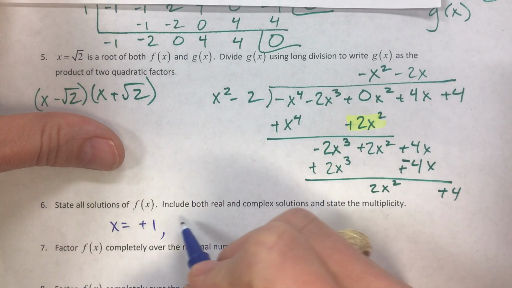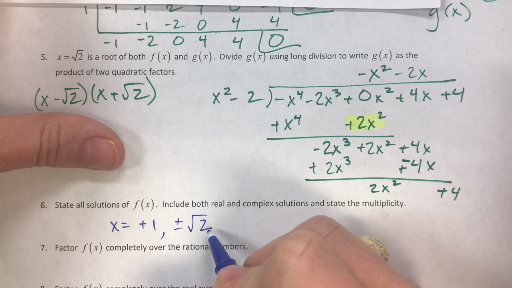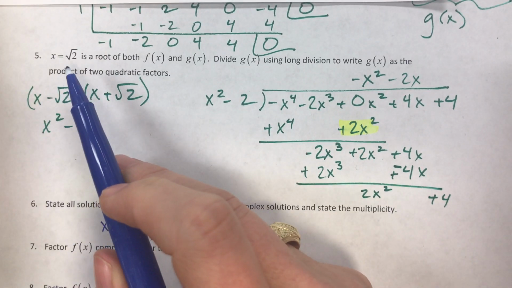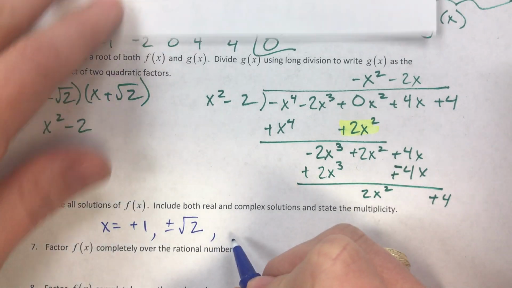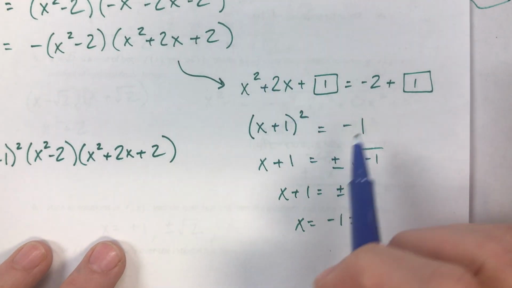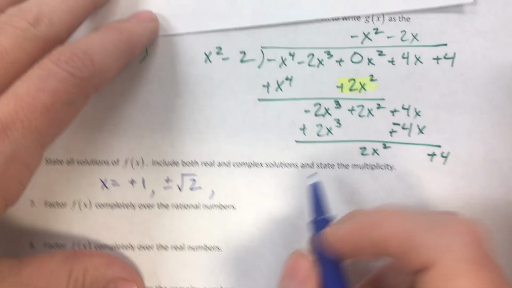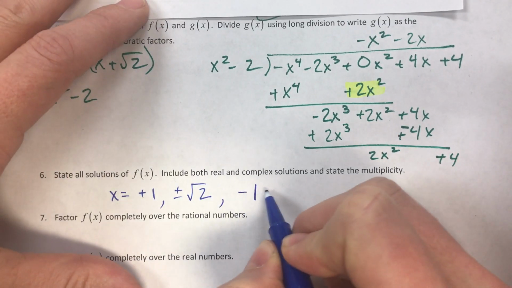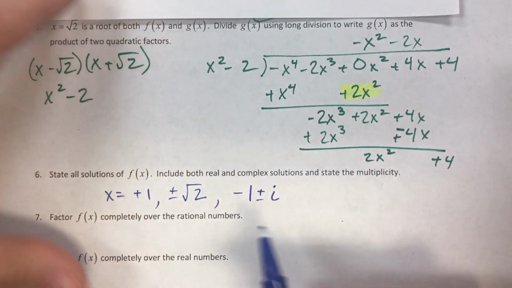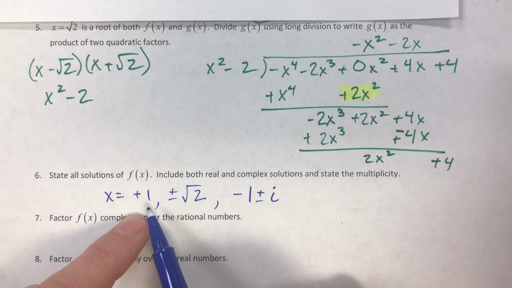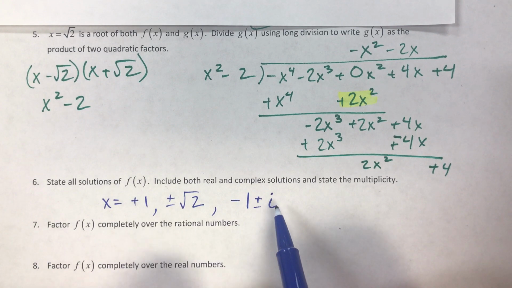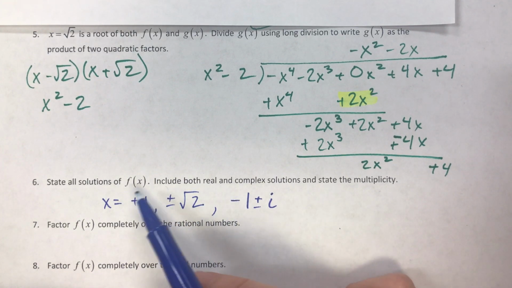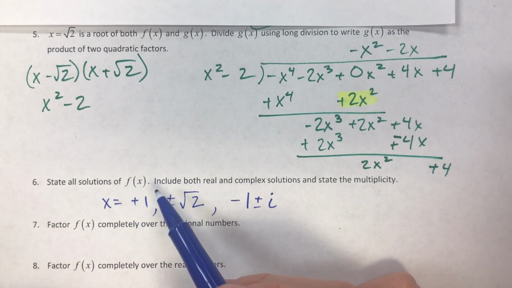And then it was plus or minus root 2, which we had gotten from here. It traveled with the buddy, that root 2. And then the other one we got from completing the square was negative 1 plus or minus i. So I have 1 root that shows up twice, and then 2 more here and 2 more here. So I have a total of 5 different roots, but this one would have a multiplicity of 2.